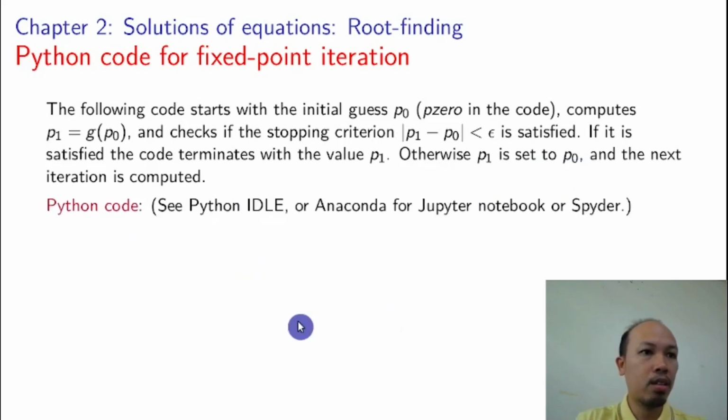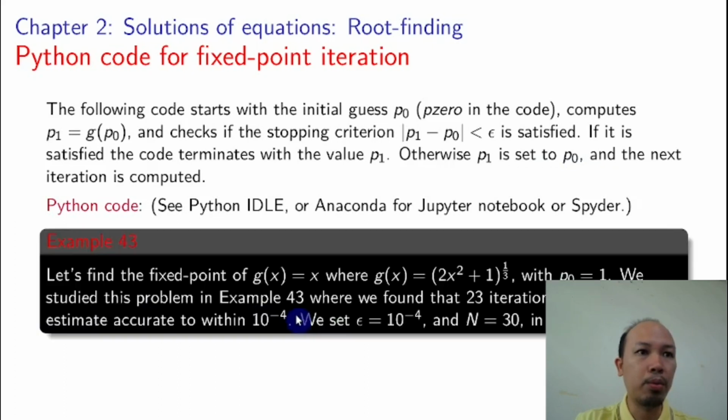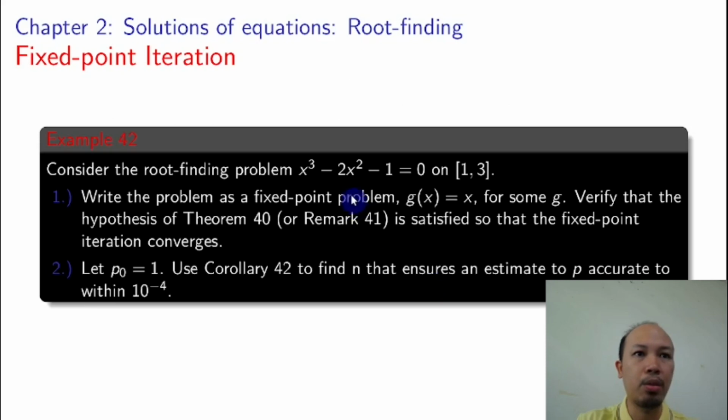So let's go now to our Python IDLE, or Python shell, or if you have Jupyter Notebook or Spyder, you can do the same, and apply this to example 43 with our previous problem in example 42.